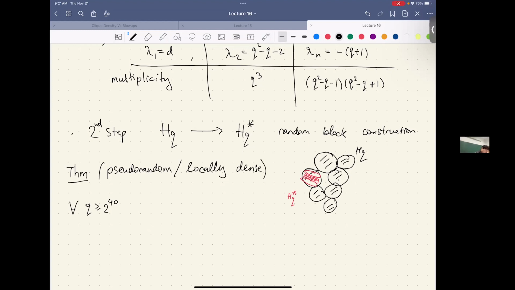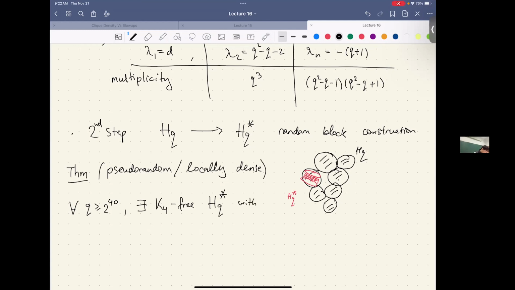For every large Q, there exists a K4-free HQ star. This is a random graph after all, so we can show that with high probability, one of the outcomes, HQ star, which is K4-free, satisfies this local denseness condition.